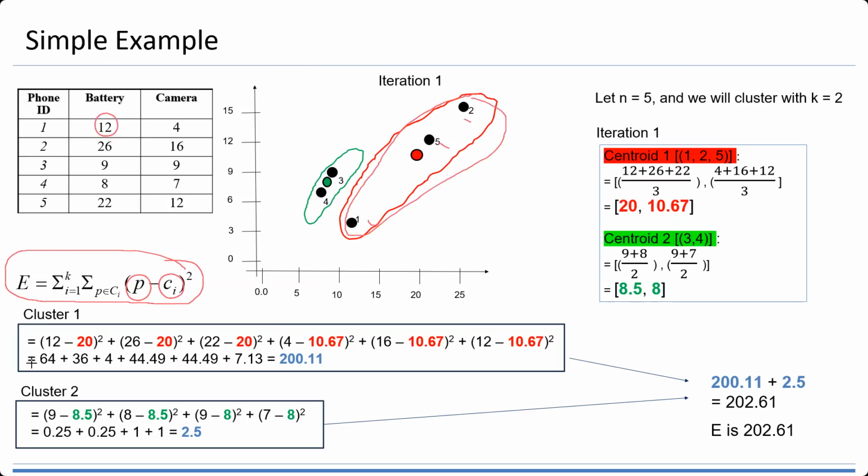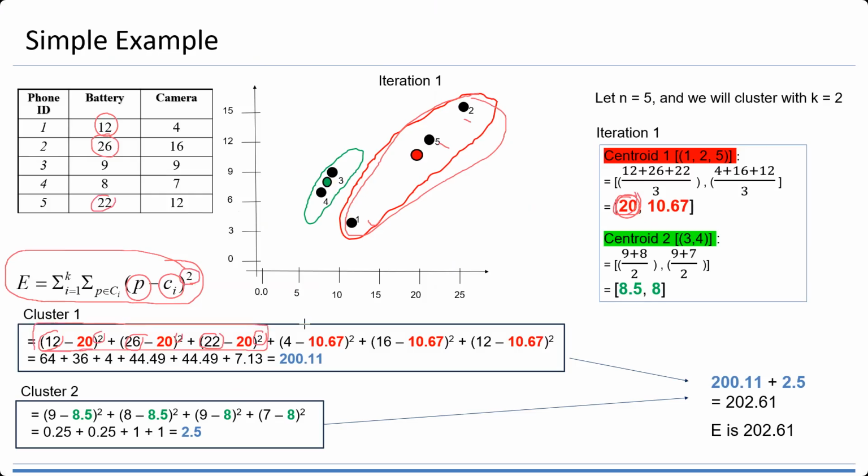Then it is 12 minus the center point, 26 minus the center point, 22 minus the center point. And then we do the square. So every one of these, we do the square. Then we do the summation for all of these.